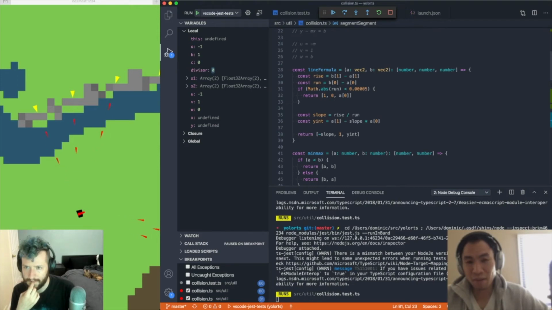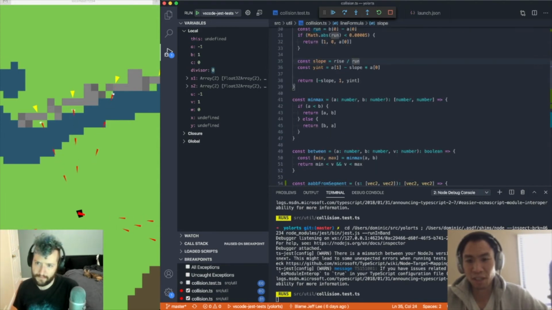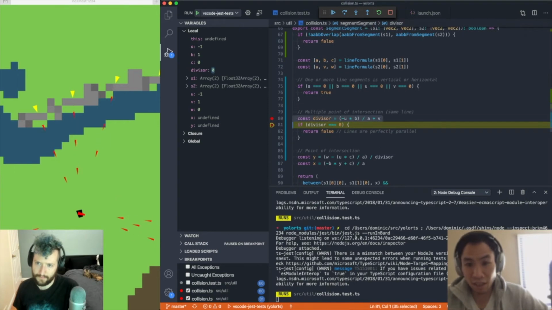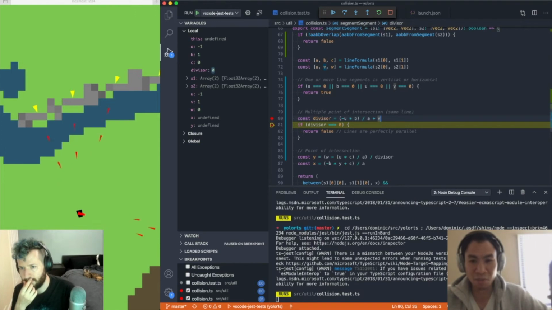It might mean that on lines that are close to vertical and close to horizontal, we're going to have weird behavior for this thing. Right, because divisor could not, especially if you go down to our overlap check, like this line 81, it could be that divisor is not 100% equal to 0, but it could be very close to 0.